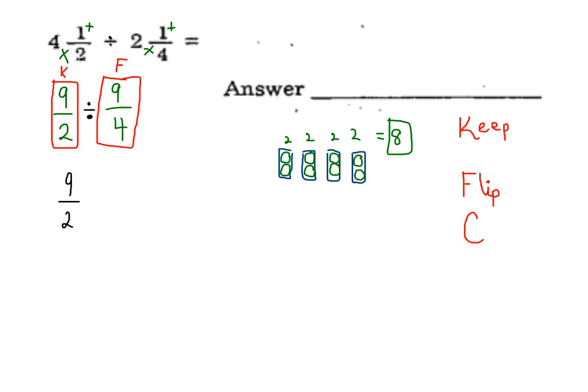Right now the denominator is 4, so we put that on top. So it would be 4 over 9, right? So we keep the first fraction as it is, 9 over 2. We flip the second fraction, so that's where the 4 over 9 comes from.